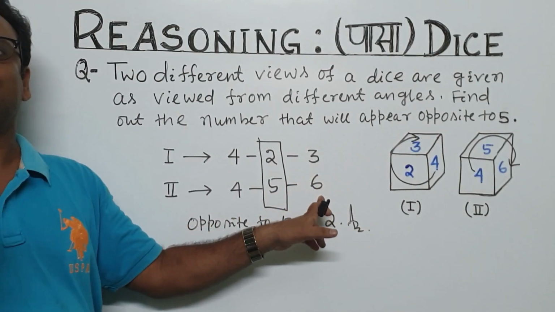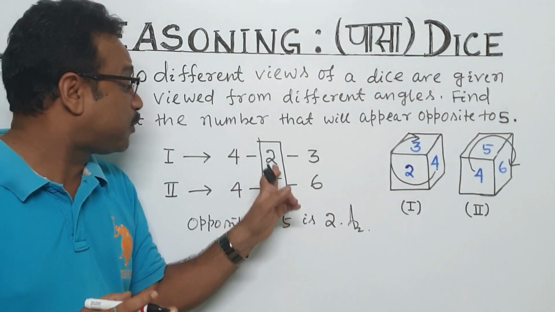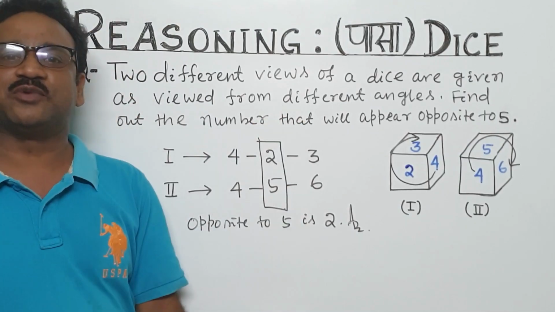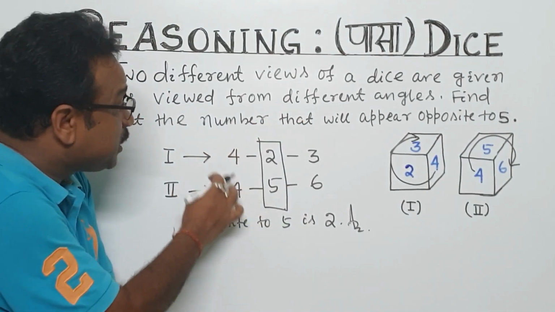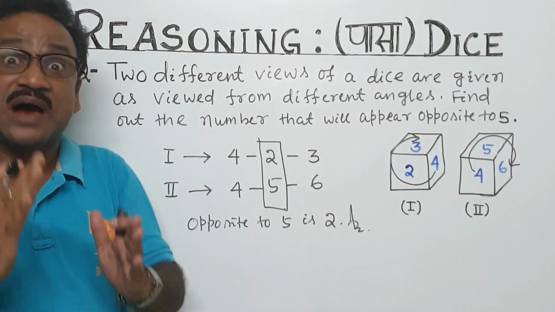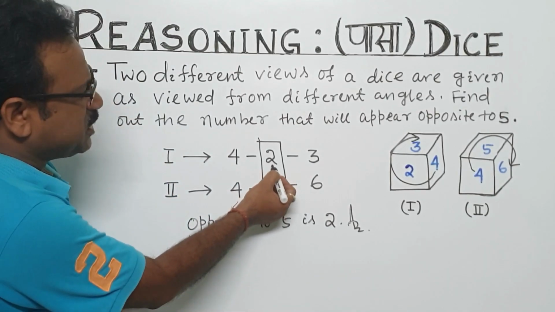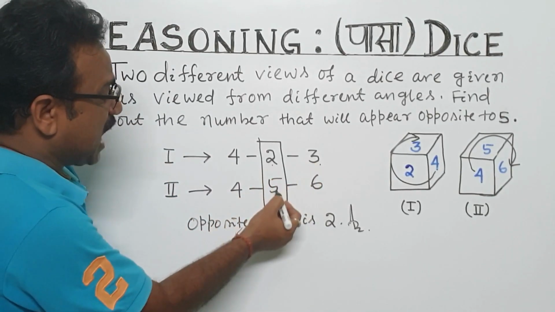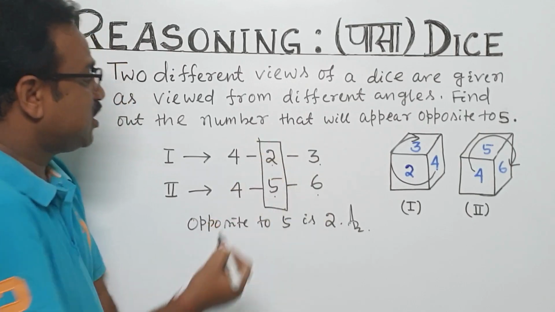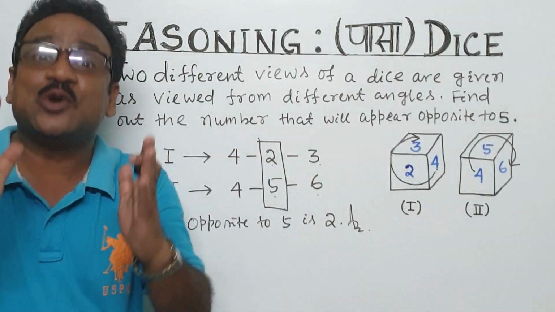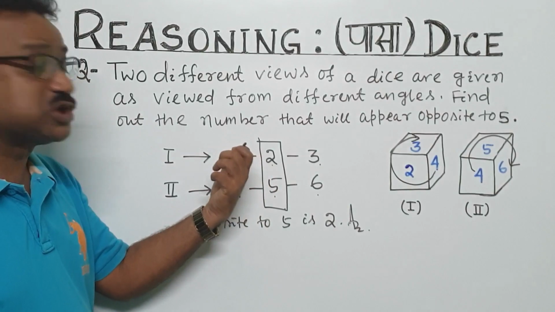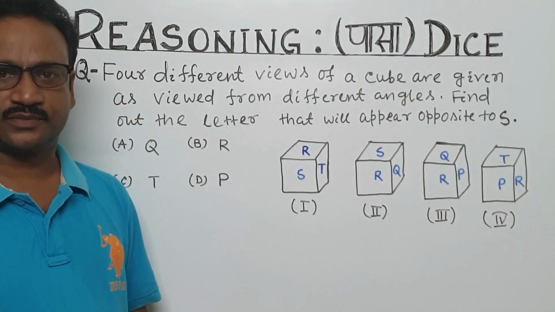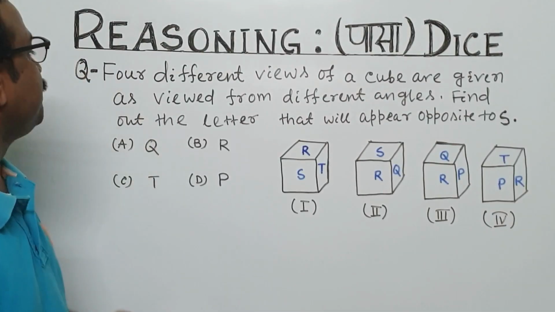Opposite to 6 will be 3. And opposite to 2 will be 5. Opposite to 5 will be 2. But what will be opposite to 4? If asked, then 2 cannot be opposite, 3 cannot be opposite, 5 cannot be opposite, 6 cannot be opposite, 4 cannot be opposite to itself. Then definitely opposite to 4 will be 1. Now move on to the next example.